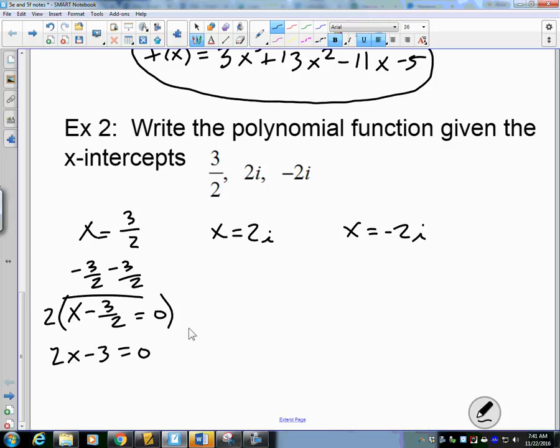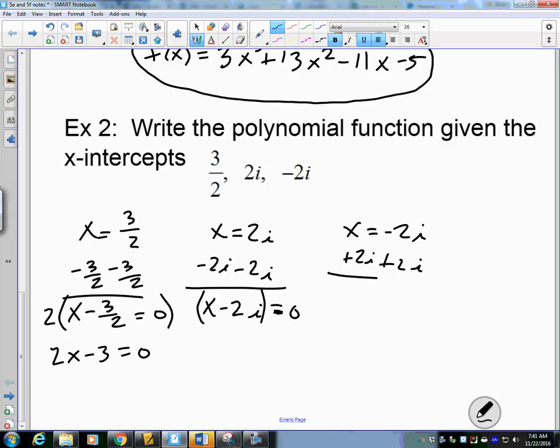Subtract 2i on my next factor to make it equal 0. x minus 2i equals 0. So x minus 2i is another factor of mine. And then over here we have add 2i. We have x plus 2i equals 0.